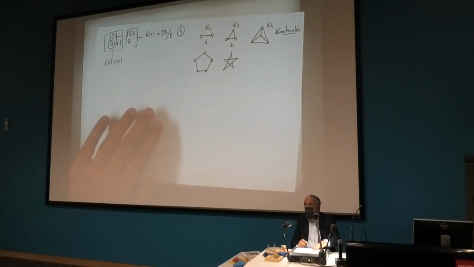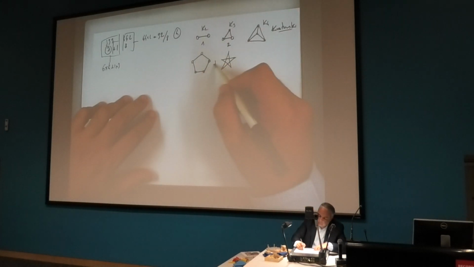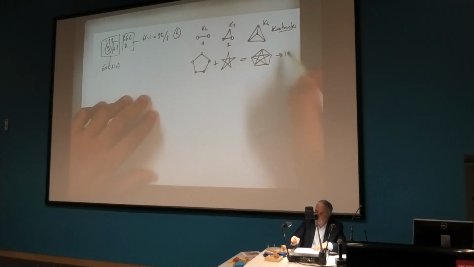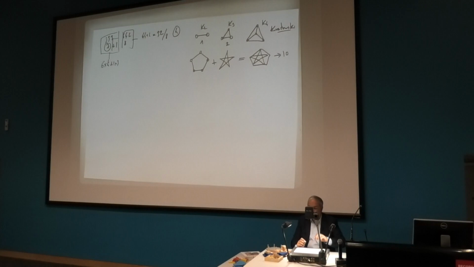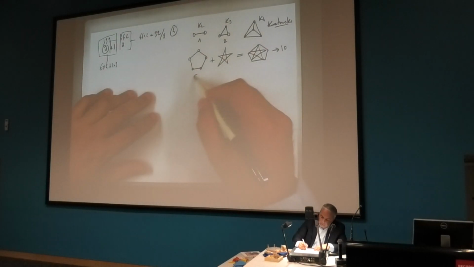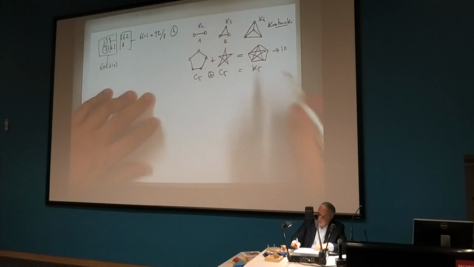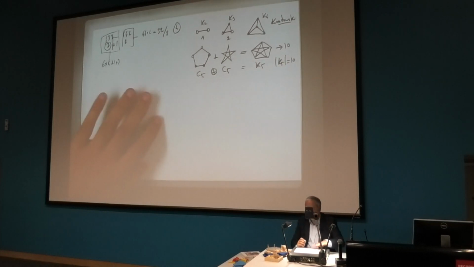You see that? Yes. C5 plus C5 equal K5. So the order is 10. It's okay?